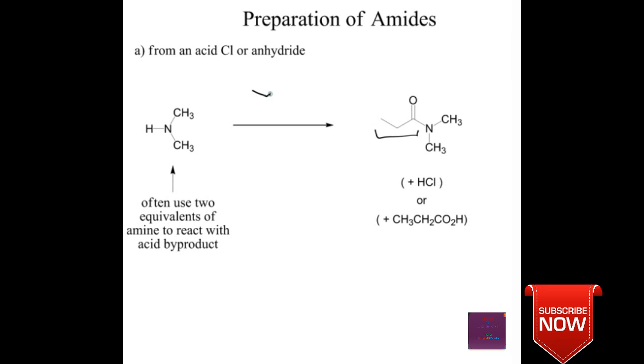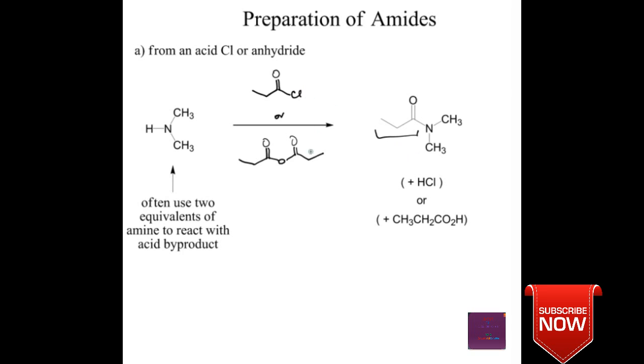So just like we did in the transform, if I used an acid chloride, I could do addition of the nitrogen, elimination of the chloride, or I could use the three carbon anhydride. So instead of a chlorine leaving group, I could have a carboxylate leaving group. Both of these would be great at doing the transformation, addition elimination.